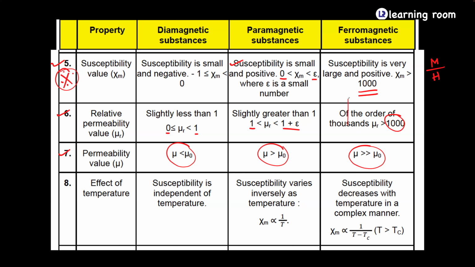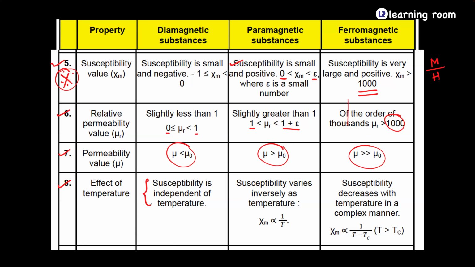Right. The next one is about the effect of temperature. Remember, temperature can affect a parameter called susceptibility. So these two are related. When you talk about a diamagnetic substance, it is independent of temperature. Already it is not responding. Whether you increase or decrease the temperature, it is going to have the same kind of behavior. So susceptibility of a diamagnetic substance is independent of temperature. Whereas for a paramagnetic substance, it is dependent on temperature.